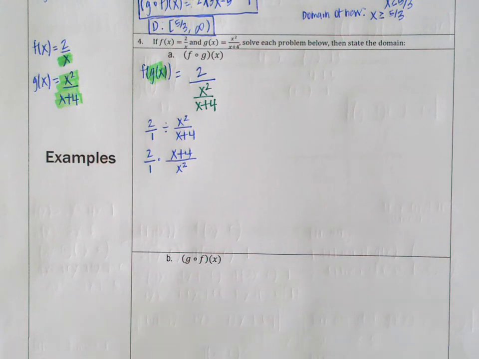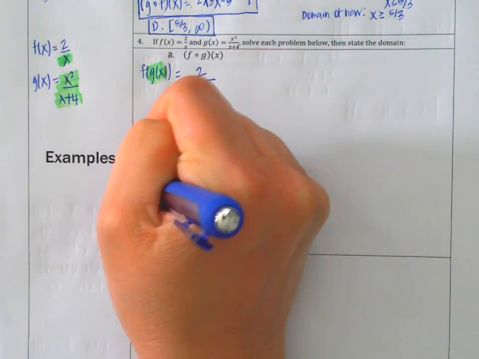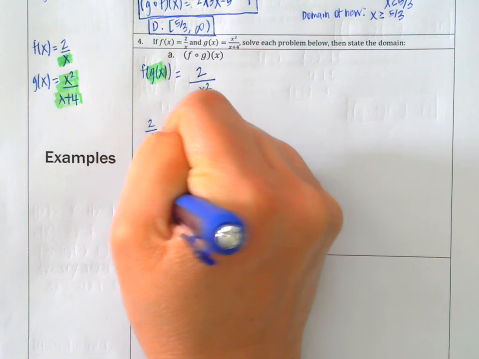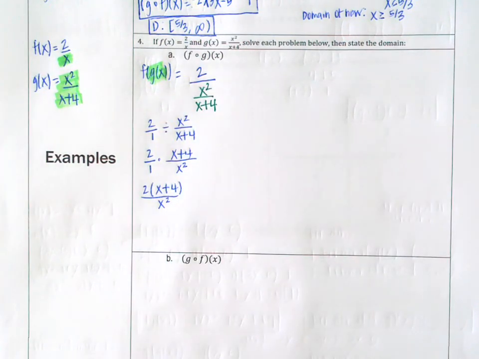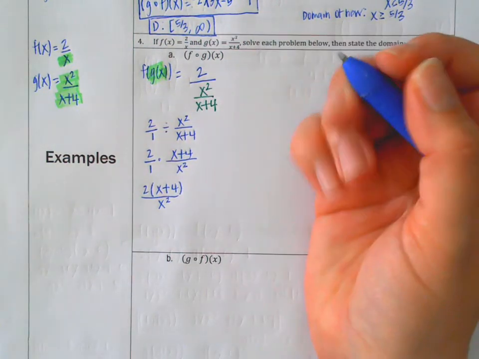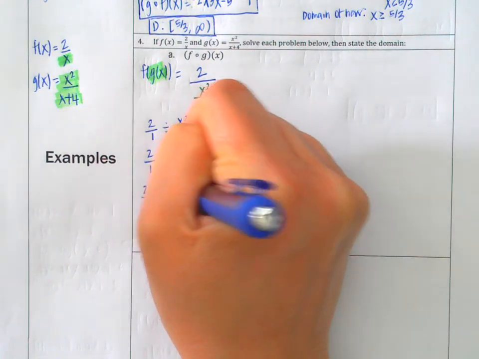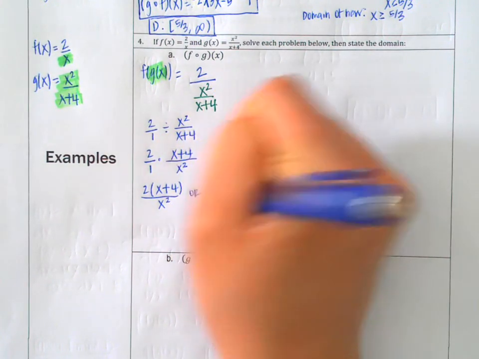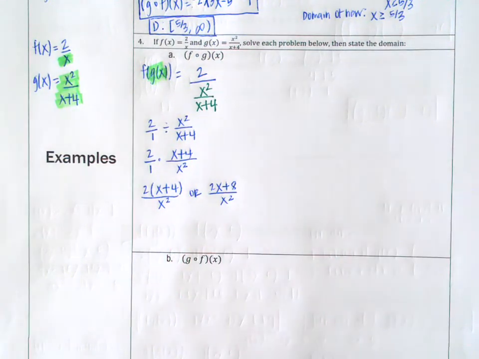Now you can write it one of 2 ways. You can either write it as 2 times x plus 4 over x squared. I don't care if you multiply it. But if that is something you want to do, you can write it as 2x plus 8 over x squared. So both of those would be completely correct.